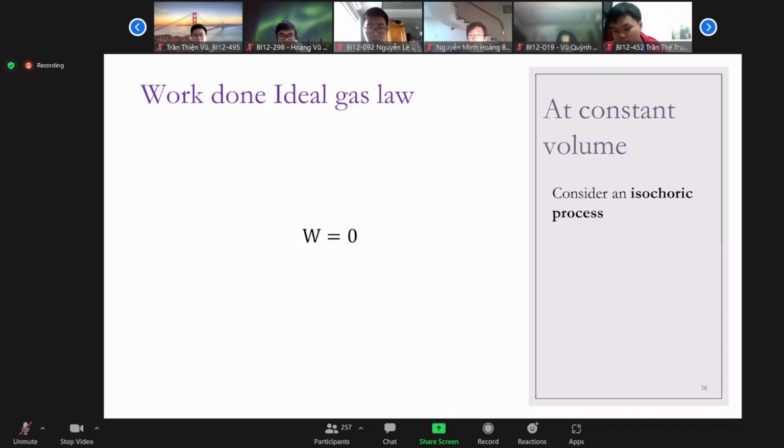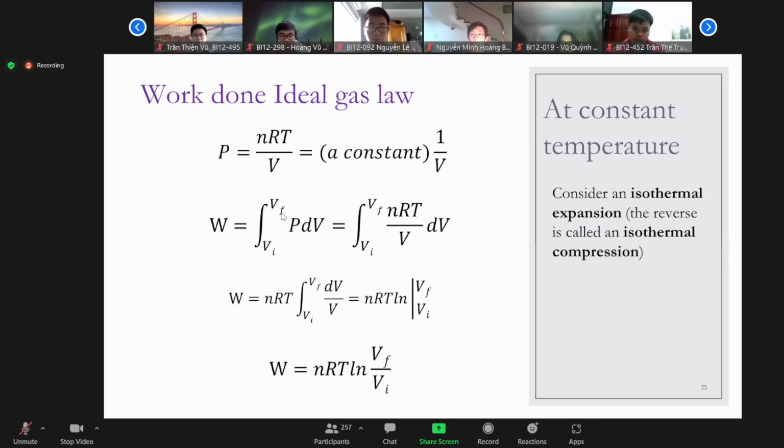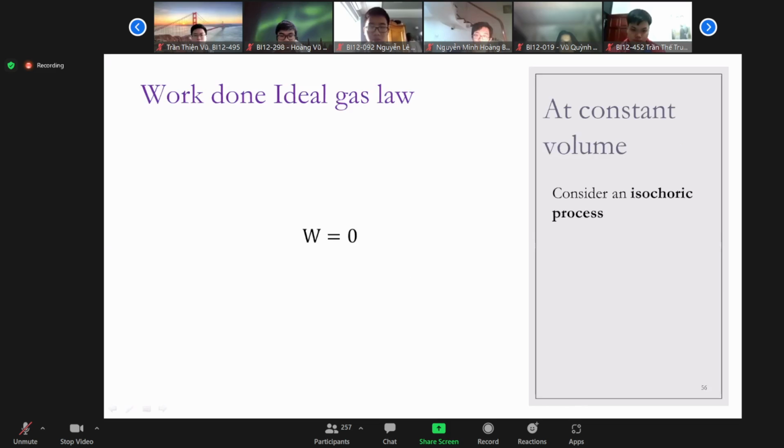Okay, no work done by the gas if there's no change in volume. If you do not remember it, you can even use the general formula here. You see VI and VF are the same, so this one should be 0, right? So this is for constant volume, or so-called isochoric process.